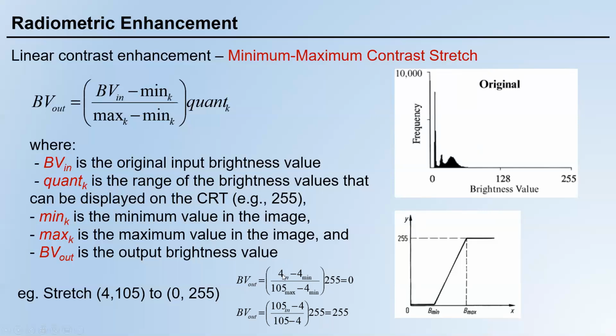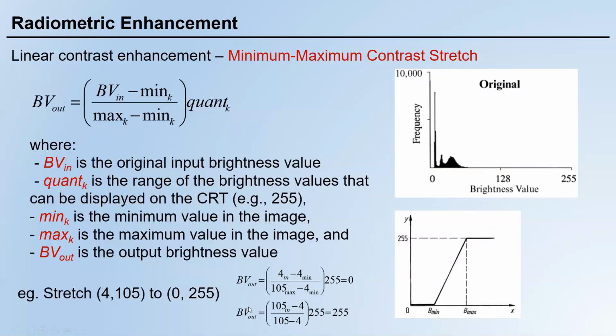BV in is 4, min value is 4, max value is 105. You just need to replace all the inputs here by specific values, and multiply by quant. Quant is 255. So after the enhancement, that pixel with an original value of 4 now has a value of 0.